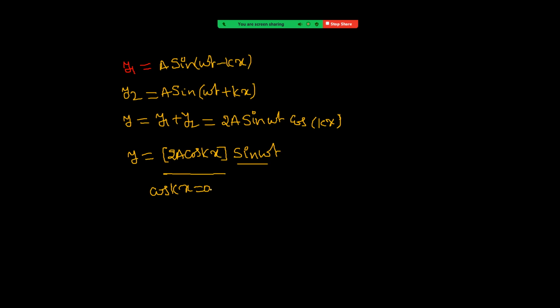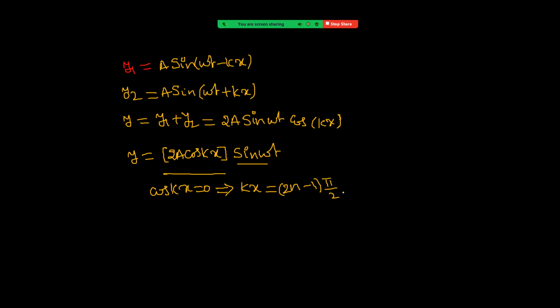Let us see here, cos kx equal to 0. That implies the value of kx must be 90 degrees, or 3 pi by 2, 5 pi by 2 and so on, right? So I can write kx equal to (2n minus 1) into pi by 2.